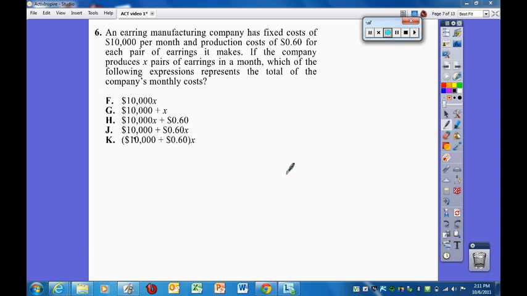Okay, problem number 6. We have an earring manufacturing company, and it has fixed costs of $10,000 per month. That means the business every month owes $10,000 to somebody or someone. No way around that. Just for being in business, $10,000 is what it's going to cost. And then, of course, we have production costs that are 60 cents for each pair of earrings.